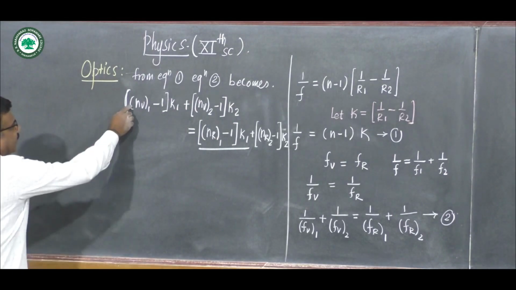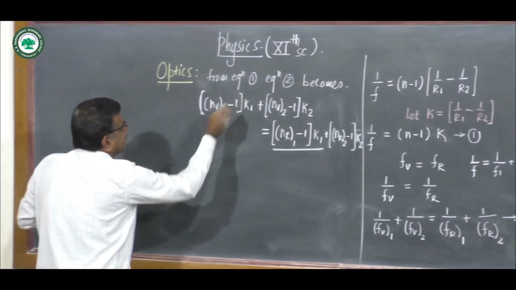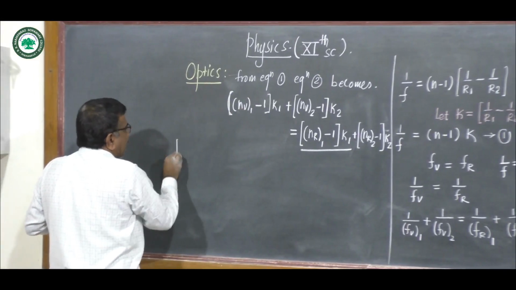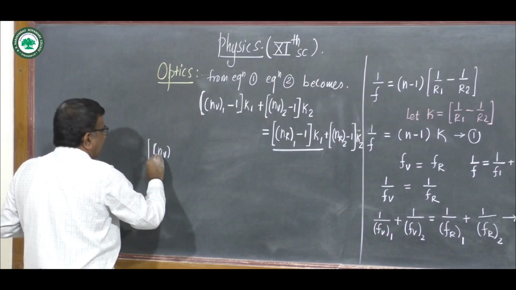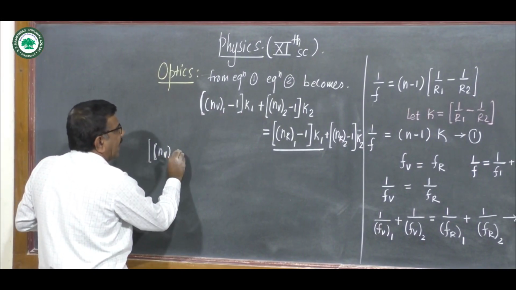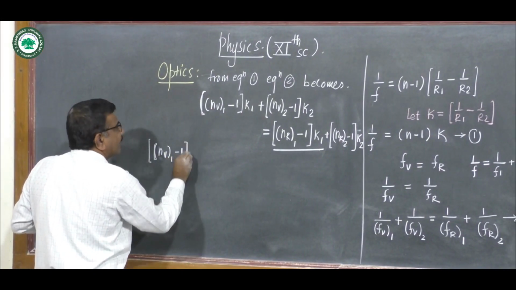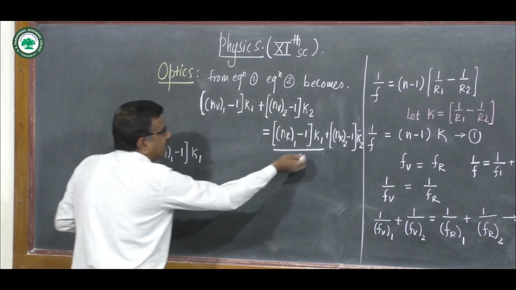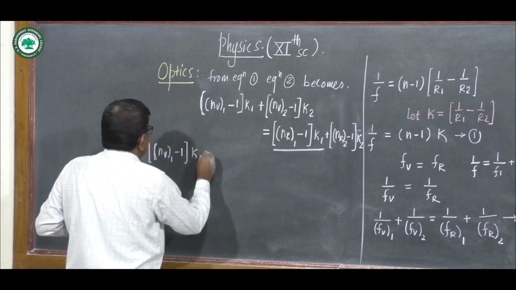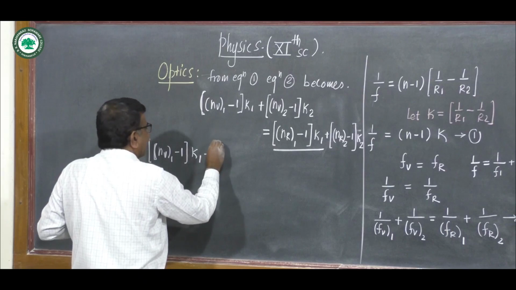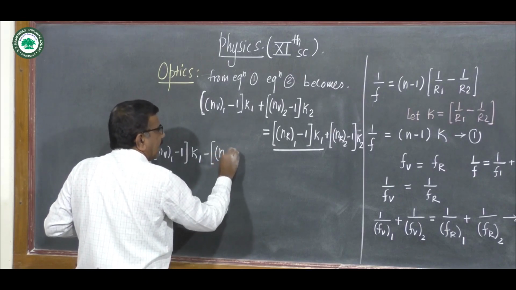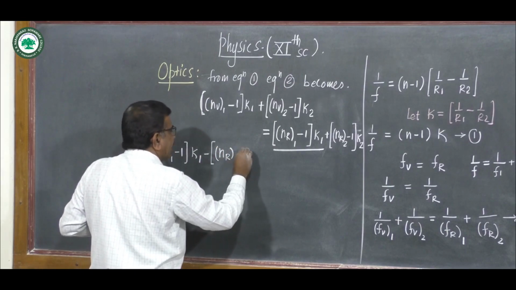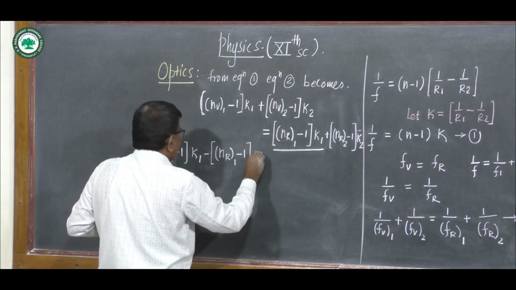See, next step, this (nV1 minus 1) K1, when shifted to here it becomes minus in bracket (nR1 minus 1) K1.